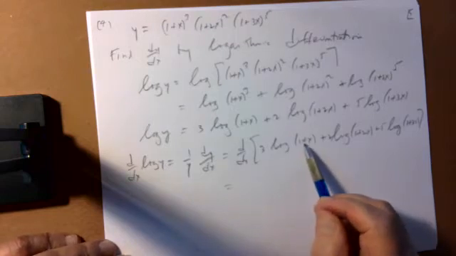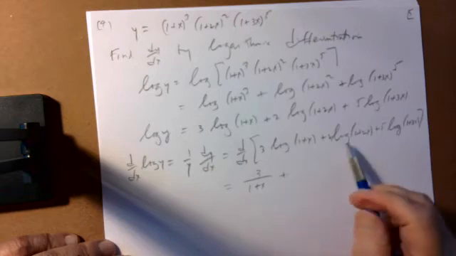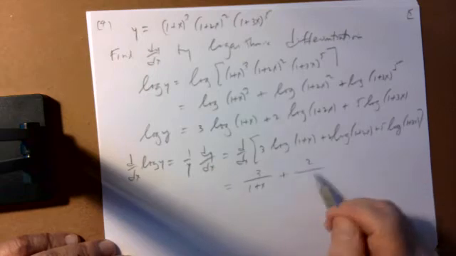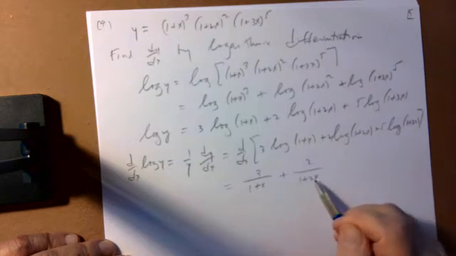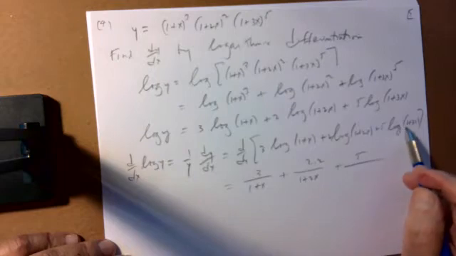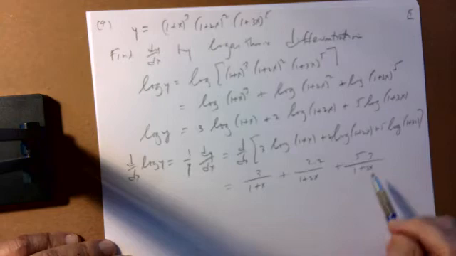When you differentiate the log of 1 plus x, you get 1 over 1 plus x. This is 2. The derivative of the log of 1 plus 2x is 1 over 1 plus 2x times 2. The derivative of the log of 1 plus 3x is 1 over 1 plus 3x times 3.